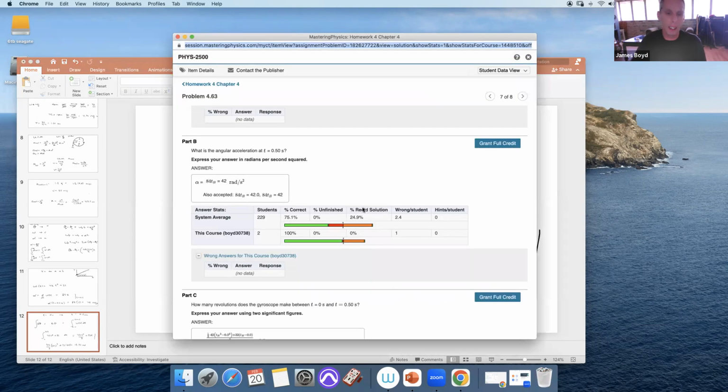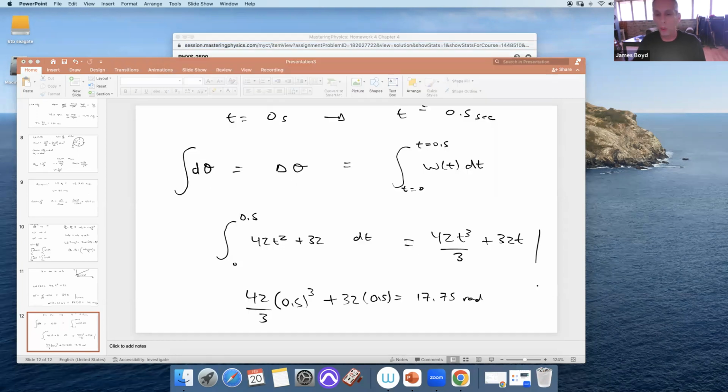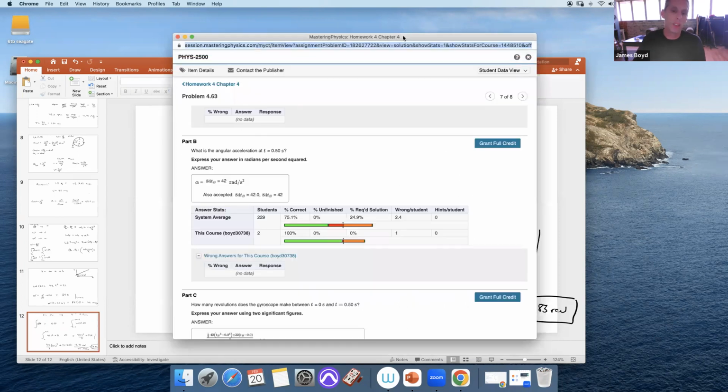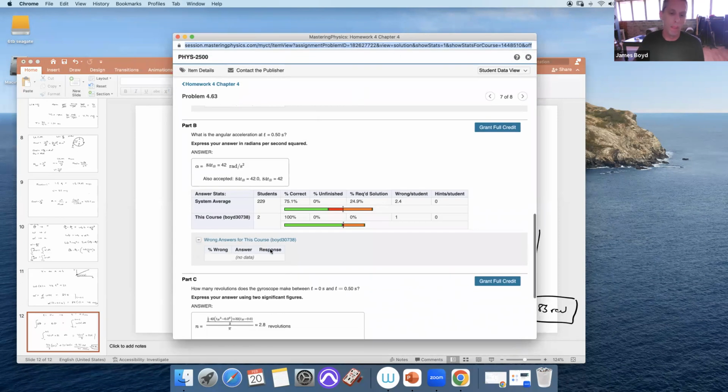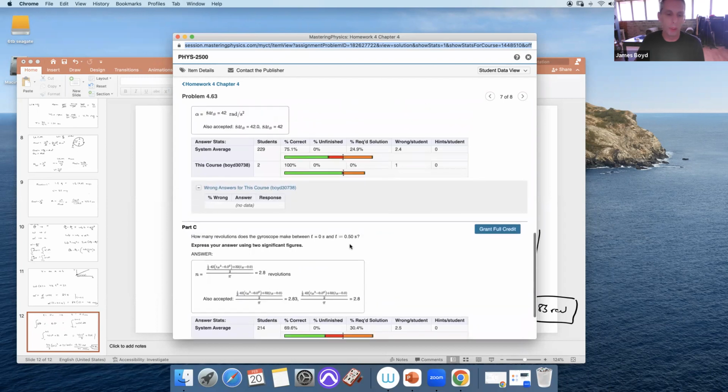But what they wanted us to find is how many revolutions. In one revolution, there are 2 pi rads, so you need to divide your answer by 2 pi. 17.75 divided by 2 times pi gives you about 2.82 or 2.83 revolutions, and they just went with 2.8.